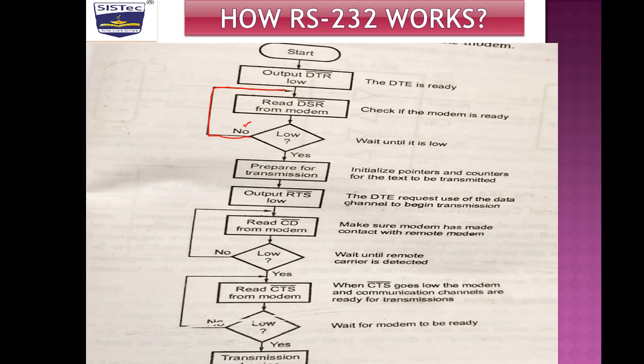After that, it reads the CD bar signal from the modem, which makes sure that the modem has made contact with the remote modem. If the CD signal goes low, it switches to reading the CTS signal generated by the modem, and if no, it waits until the remote carrier is detected. This CD stands for carrier detection.